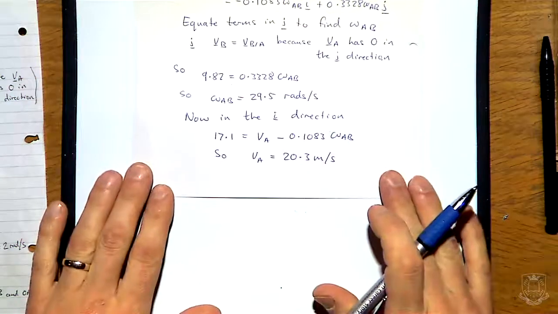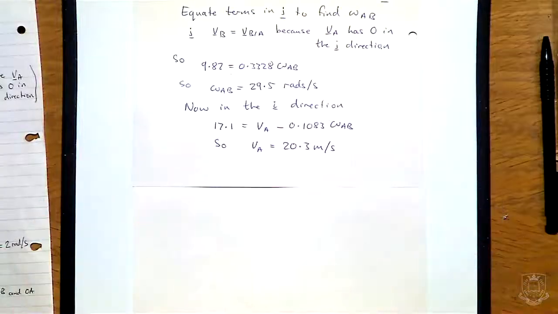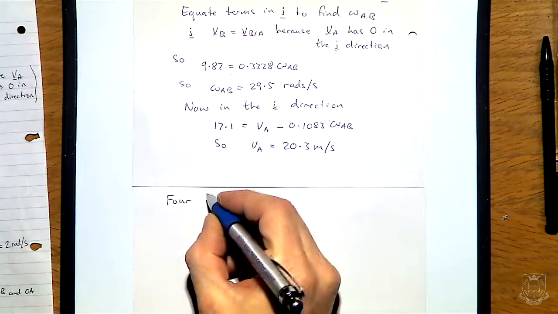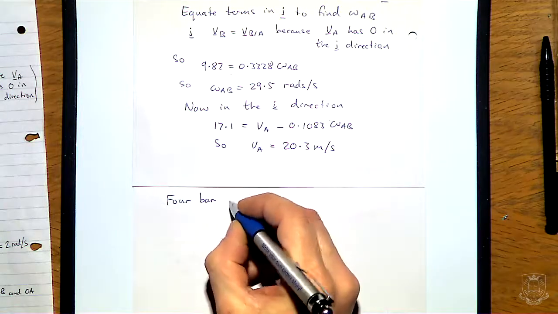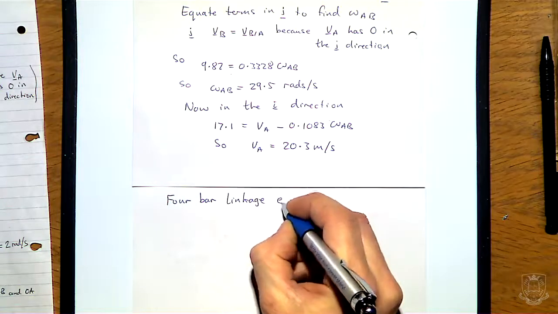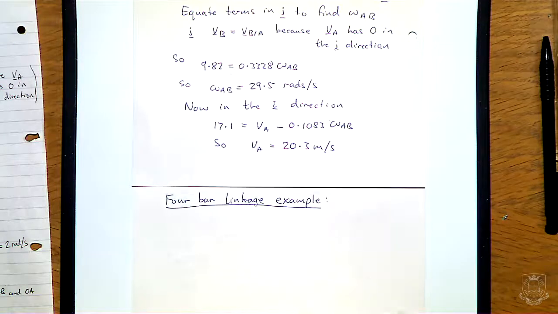So let's look at a second example. And again, these examples are all in the printed notes as well, in the printed lecture slides. Again, this is another one of those classical examples that you find in mechanical engineering texts about mechanisms and machines, a 4-bar linkage.